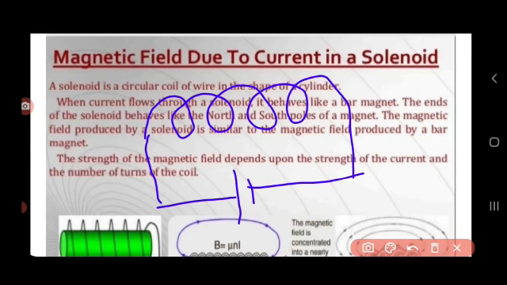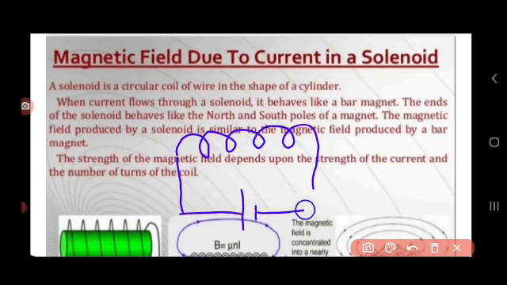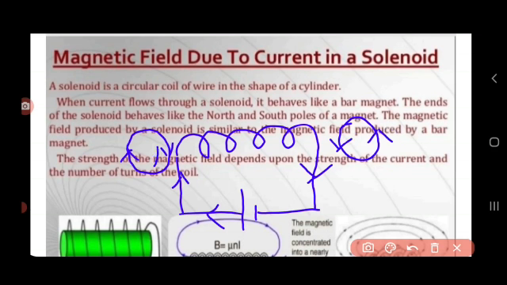So you see, when current is clockwise, then obviously south polarity is developed, and when current is anti-clockwise, then north polarity is developed, and these are the magnetic field lines due to a current carrying solenoid. So a current carrying solenoid behaves like a bar magnet, and its poles can be found out by using the clock rule.